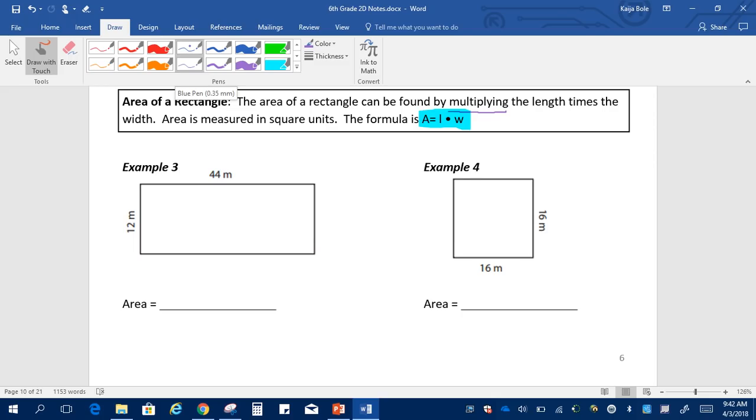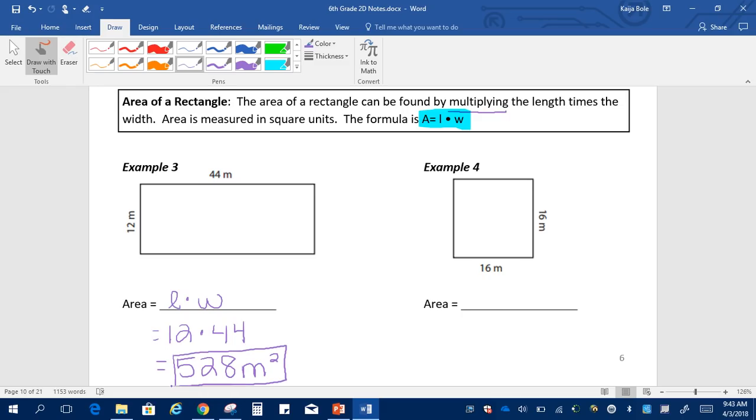So if we look at example 3, you're going to start off with area equals the length times the width. So that means here we're just multiplying 12 times 44. And when you do that, you get 528. And this would be meters squared because it's area, just like we talked about yesterday.